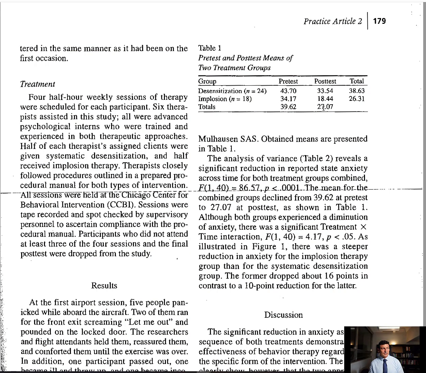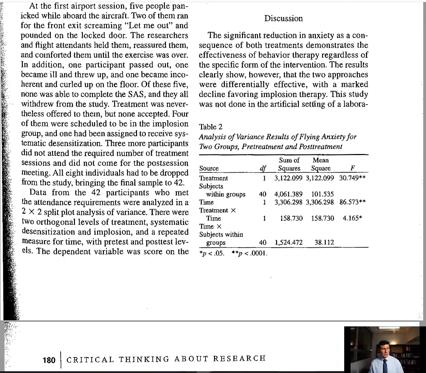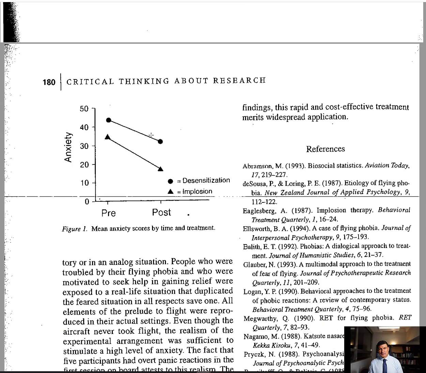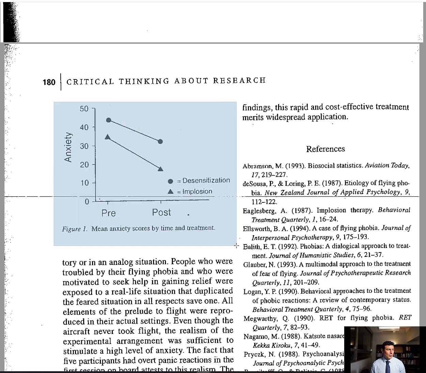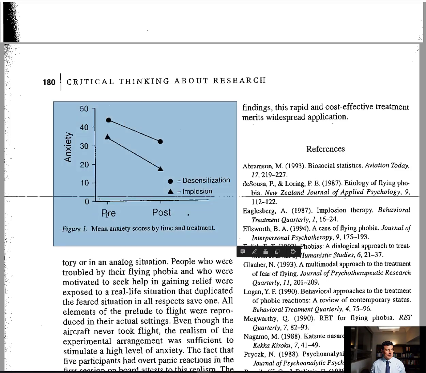But actually in figure 1, they have the same scores, and it's just a little bit easier to see in figure 1 what's happening in the study. In figure 1, we see a pre-test and post-test along the x-axis, and then their anxiety score on the y-axis. We see the desensitization group with the circles, and then the implosion group with the triangles.